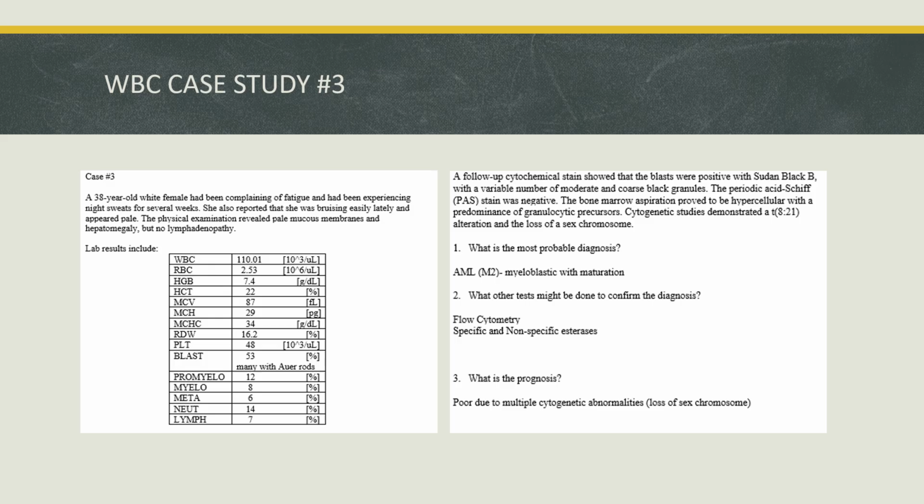Her white blood cell count is 110.01, red blood cell is 2.53, hemoglobin is 7.4, hematocrit is 22, MCV 87, MCH 29, MCHC 34, RDW is 16.2, and her platelets are 48.